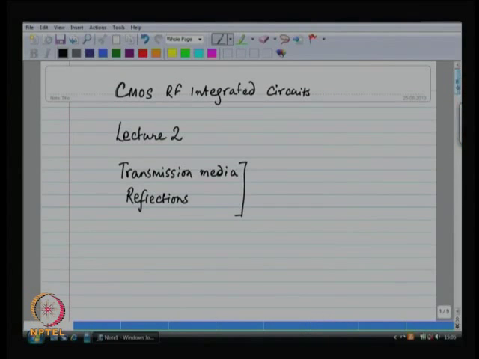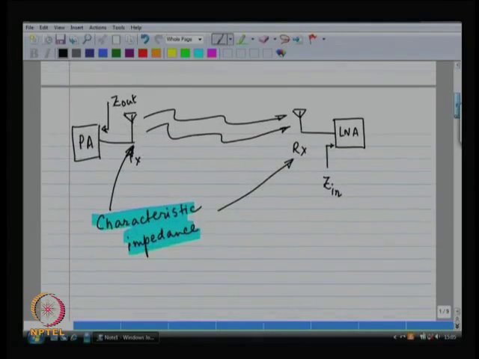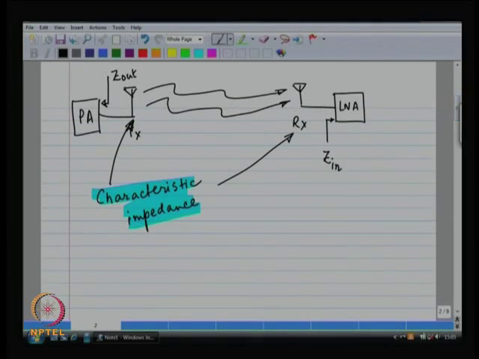Our objective was to study transmission media and to study reflections, and we understand that any transmission medium, whatever it is, an optic fiber, the atmosphere, an antenna, a waveguide, a coaxial cable, a piece of wire, whatever it is, it has a characteristic impedance.